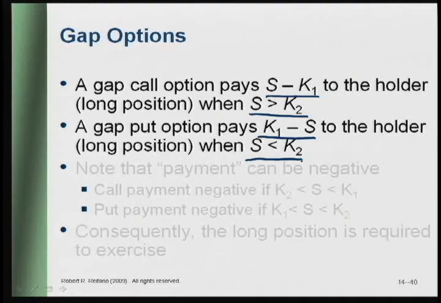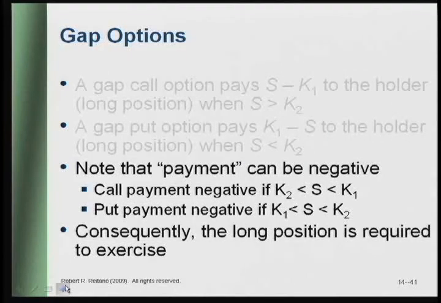Now, the interesting thing about gap options is because the Ks can be different, the payment to the holder can be positive or negative. We'll see that in a minute. But because the payment can be negative, the exercise of gap options is required. It's really not an option in a sense. It's a required payment.